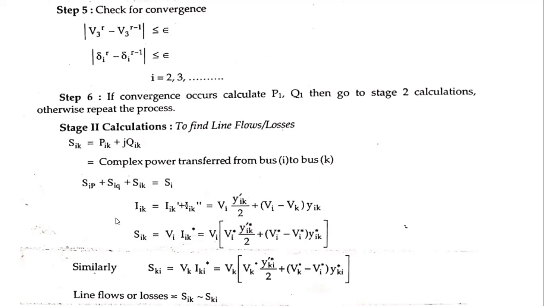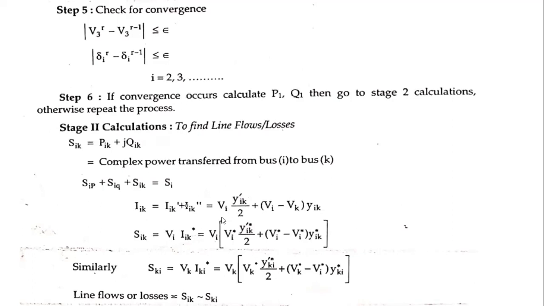Next, we calculate Sik. What is the formula for that power? Voltage into current. Therefore, Sik is equal to Vi into Iik conjugate. Substitute the formula for Iik in this equation.